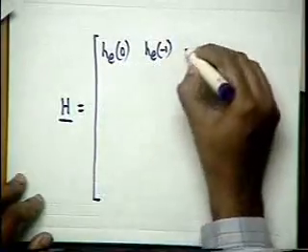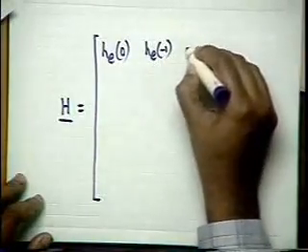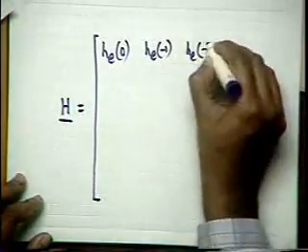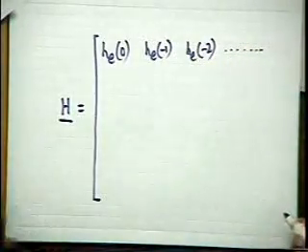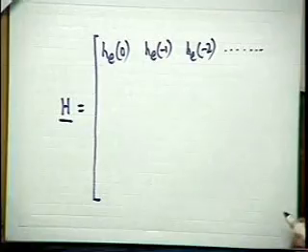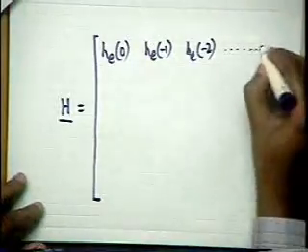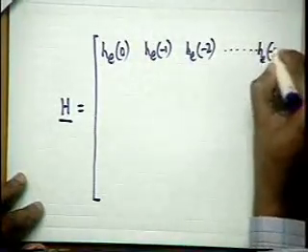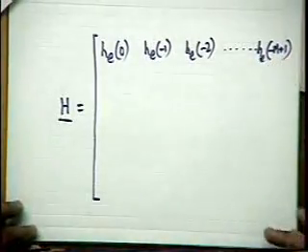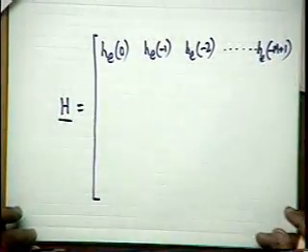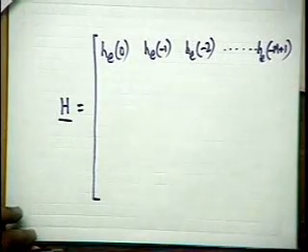What is the next element? h_e(-2). And what is going to be the last element of this row? h_e(-M+1). Very good. One minute, we are coming to that.